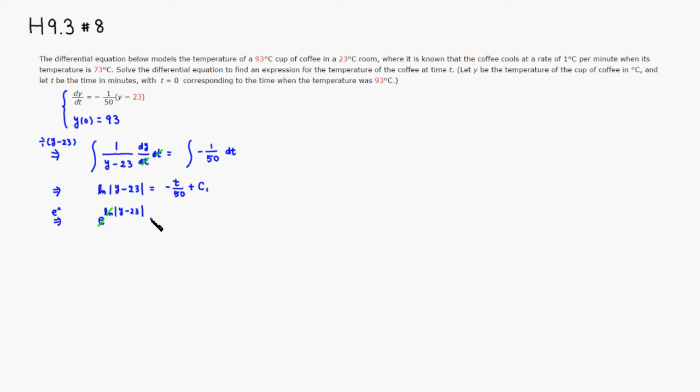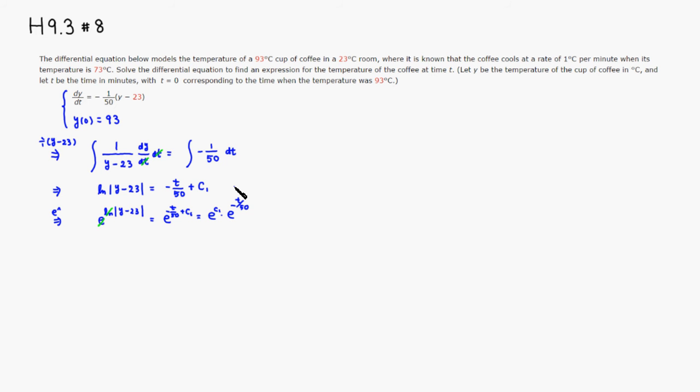Then you have e to the negative t over 50 plus C1. We can split it as e to the C1 first, and then you have A times e to the negative t over 50.